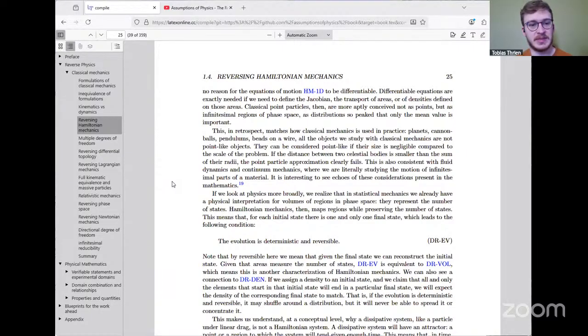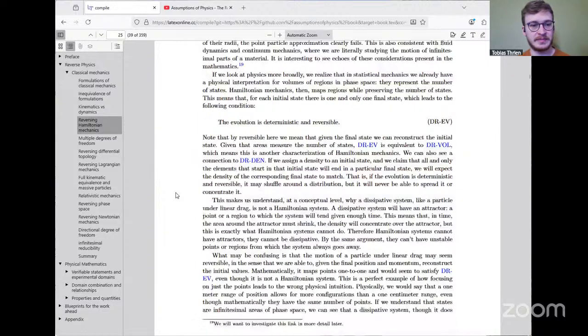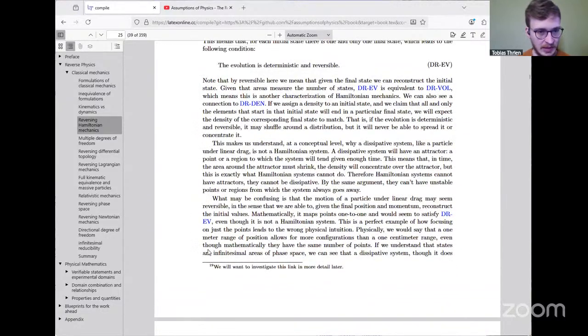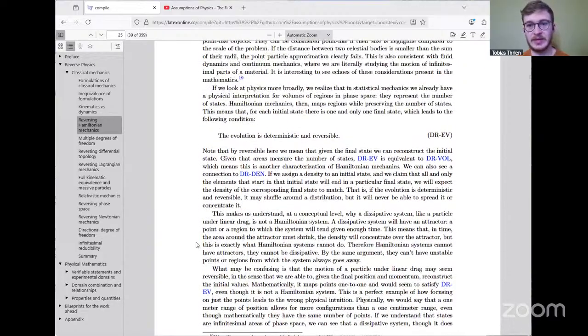If the distance between two celestial bodies is smaller than the sum of their radii, the point particle approximation clearly fails. This is also consistent with fluid dynamics and continuum mechanics, where we are literally studying the motion of infinitesimal parts of a material. It is interesting to see echoes of these considerations present in the mathematics. And footnote, we will want to investigate this link in more detail later.